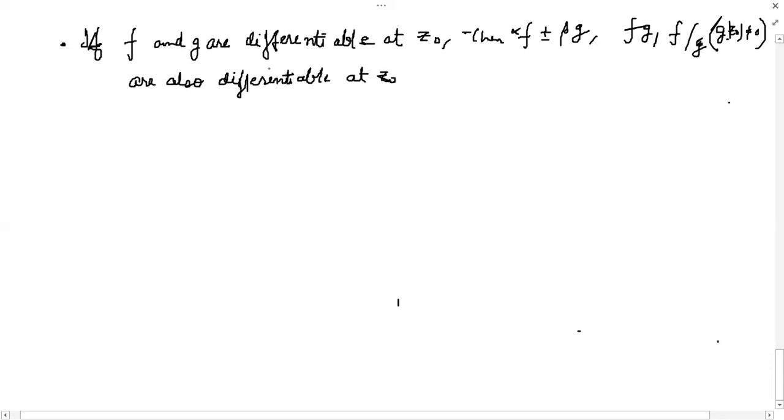So if f and g are differentiable at z naught, then alpha f plus minus beta g, and f by g such that g(z naught) is non-zero, are also differentiable at z naught.